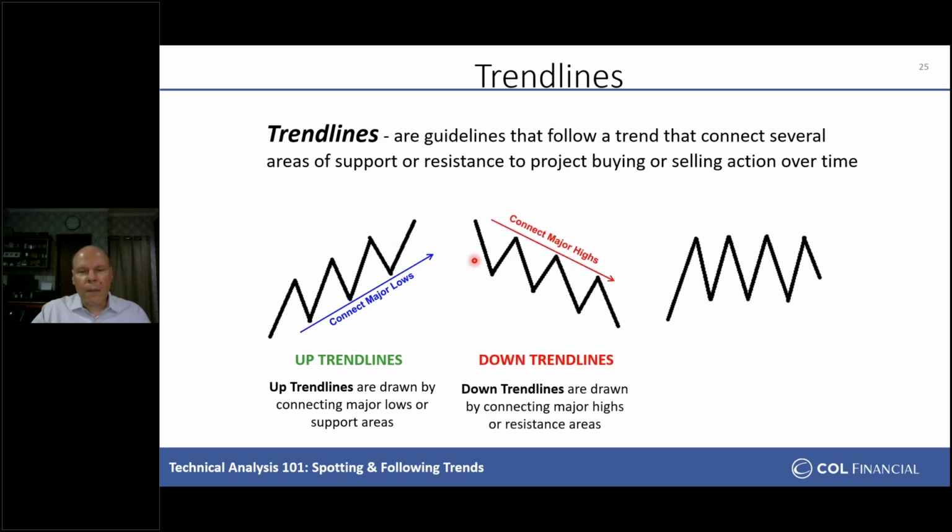In a downtrend, your trend line is drawn by connecting all the major highs. Please don't forget this distinguishing factor. Remember, in an uptrend, it's the lows that you connect. In a downtrend, it is the highs that you connect. The reason for that is simple. In an upward moving market, you ask yourself, what is the controlling element? The controlling element is demand, the people who are buying the market.